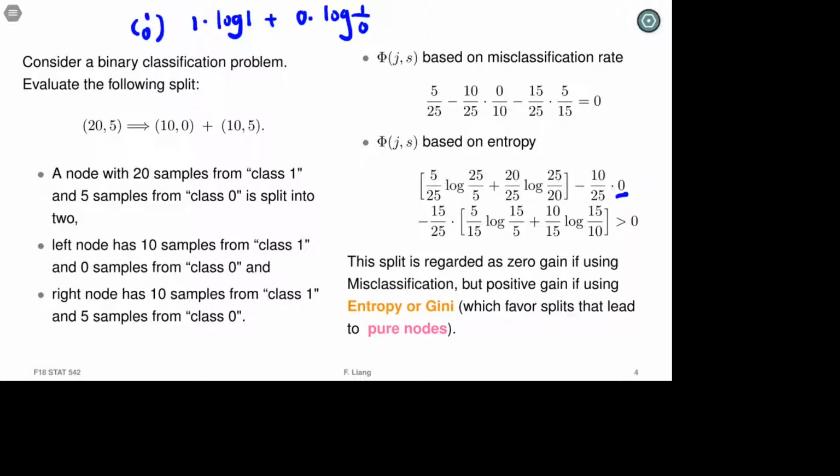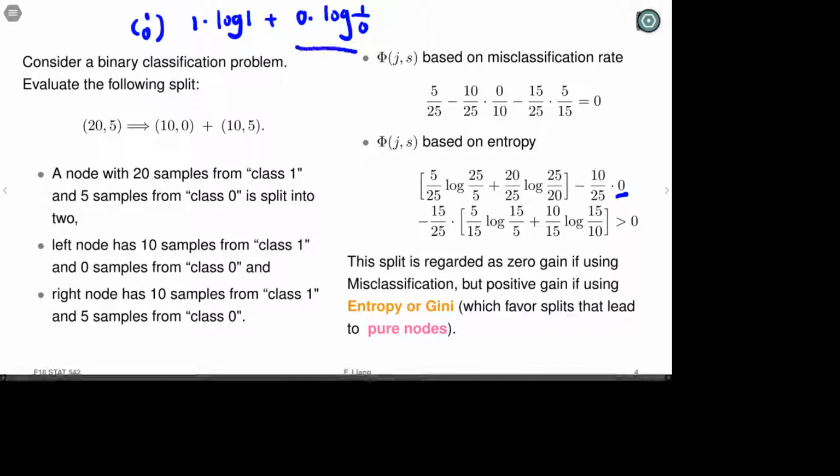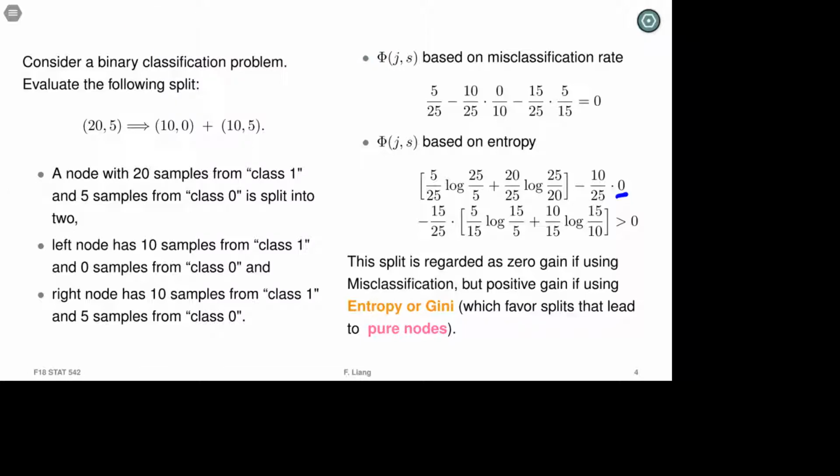And 0 times log infinity, where that infinity is of order 1 over 0, this part should also be 0, okay? So if you get a pure node, entropy is 0. That's why we have a 0 for the left node.